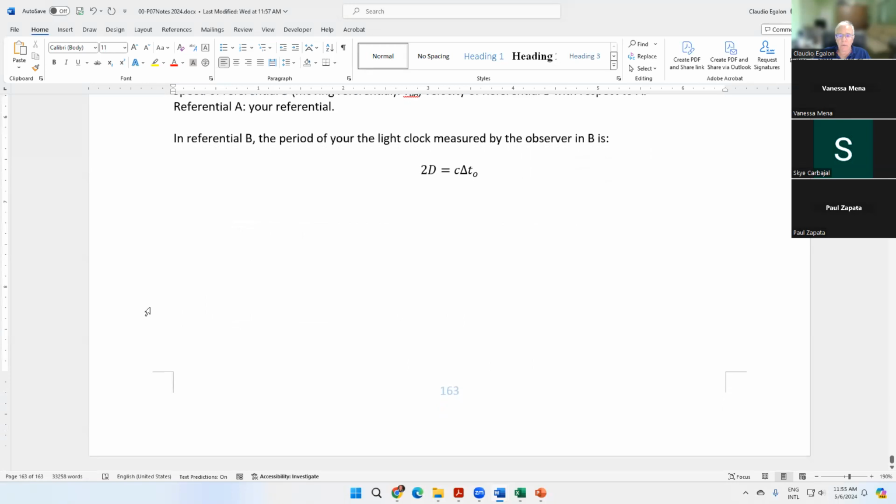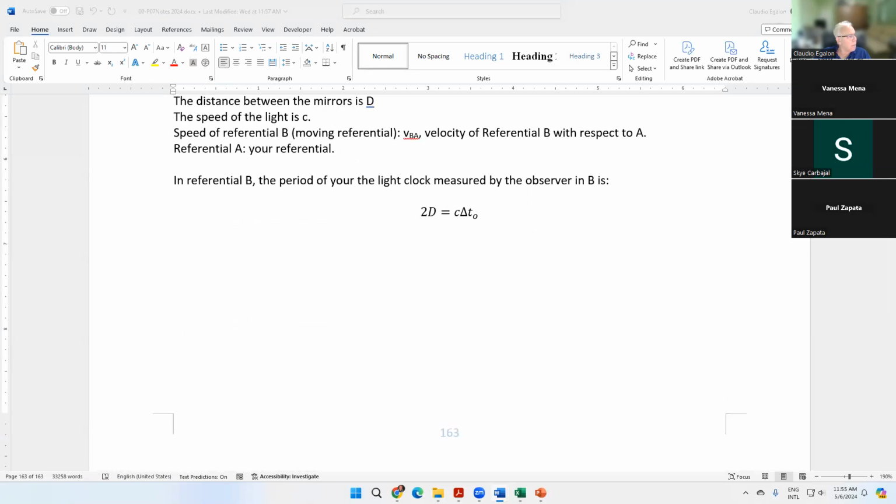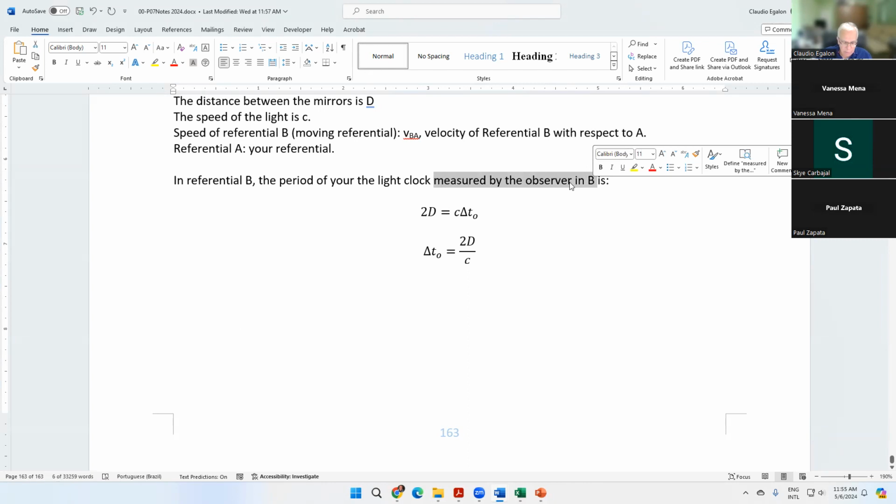And then we can solve it. Here's the period of the clock. But remember, as measured by the observer in B, I'm going to boldface and italicize.